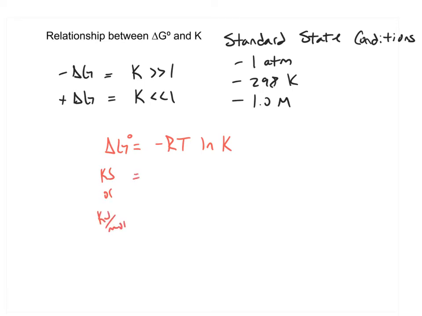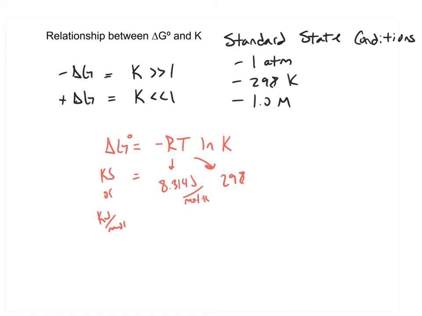Now R is a gas constant, and it's not the same ideal gas constant that we use for the gas laws, but the units are a little bit different. Take a close look. It's 8.314 joules per mole times Kelvin. T is the temperature, which at standard conditions is 298, and then the natural log of K.